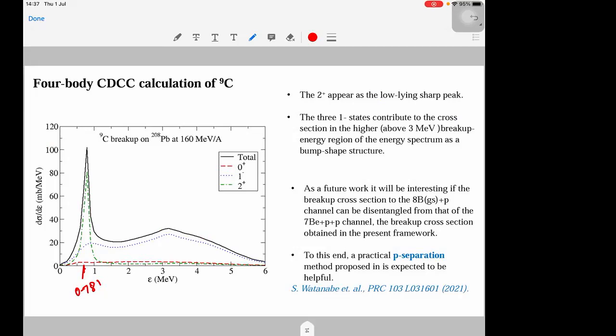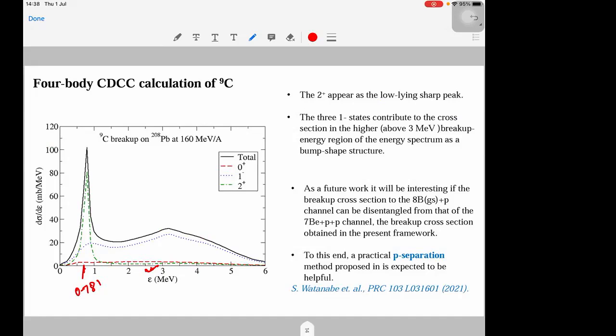In the higher energy region, say above 2.5 MeV, the shape of the total breakup cross-section is mainly determined by the 1 negative resonance at above around 3 MeV, which I reported on the previous slide.